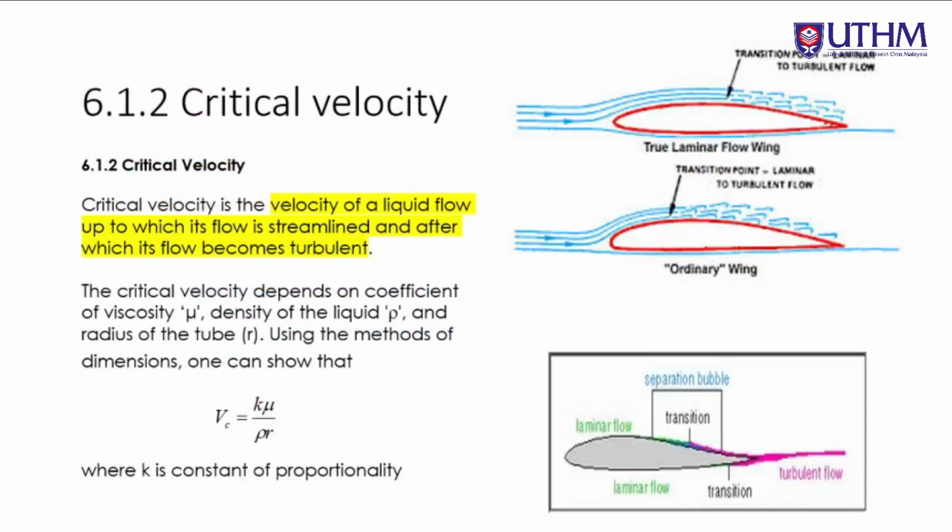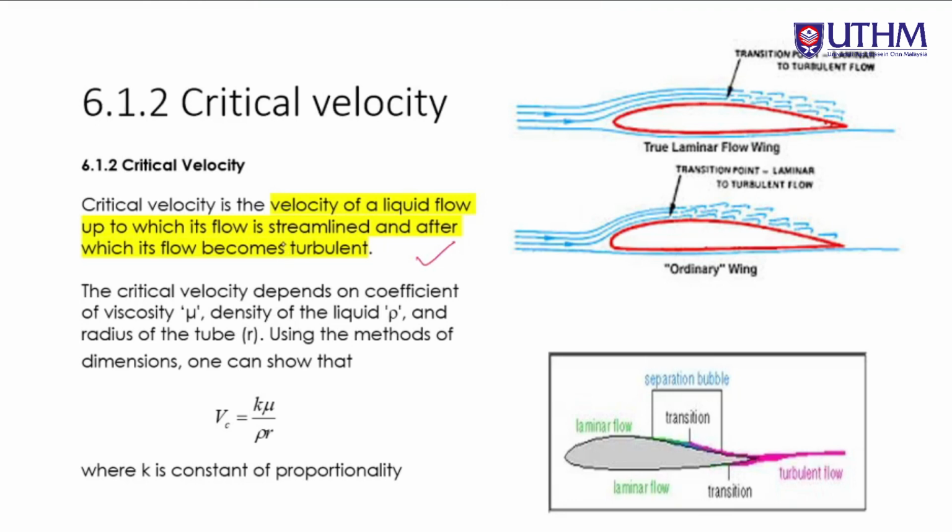Another parameter that you should also know is the critical velocity. So critical velocity is the velocity of a liquid flow up to which its flow is streamlined, and after which its flow becomes turbulent. Okay, dia macam determinations between the fluid flow becomes turbulent.